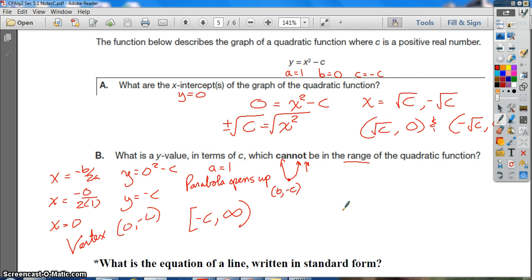So which cannot be in the range of the quadratic function? Well, anything, right again, less than negative c is not in the range.